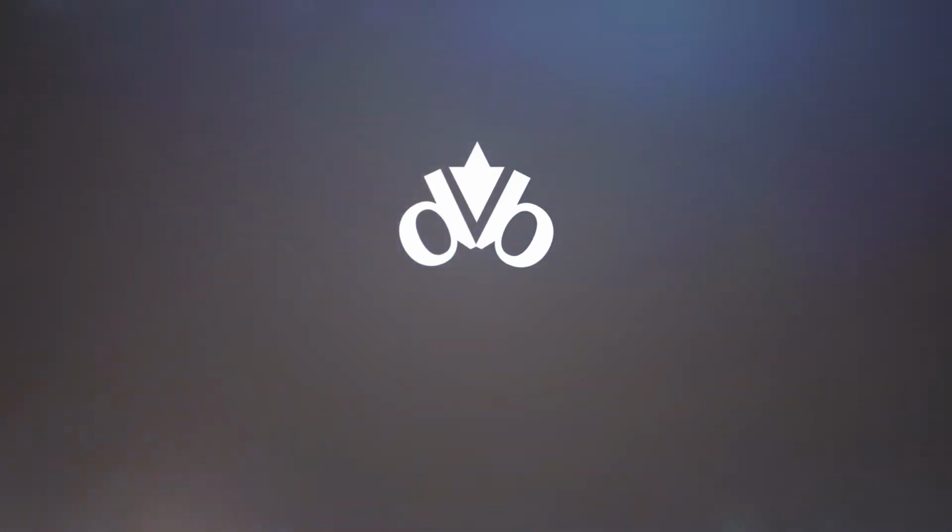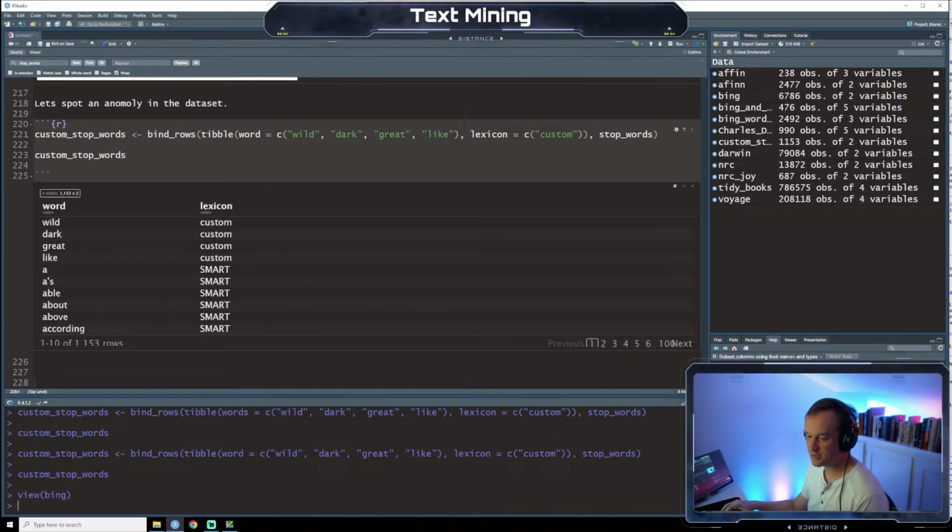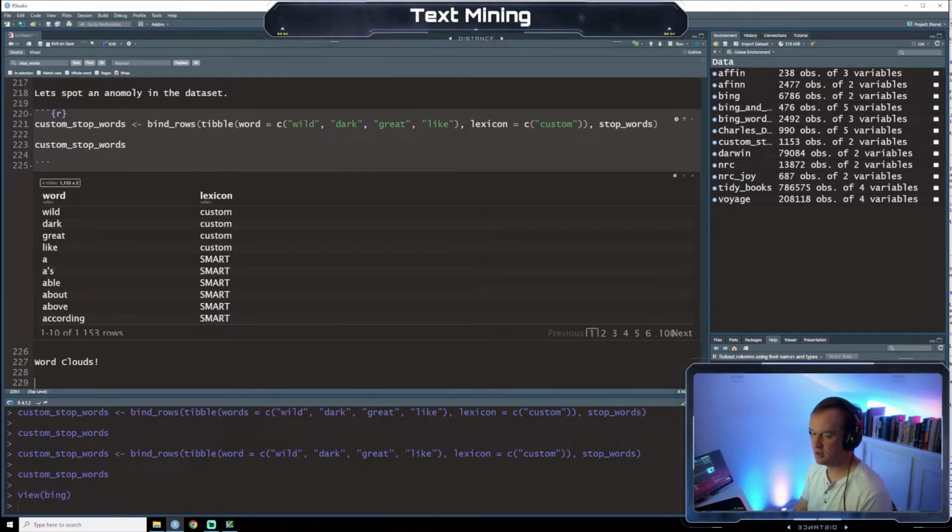Okay, so we ended the last one by customizing our sentiment. And so now we're going to do word clouds. So let's annotate a little more.